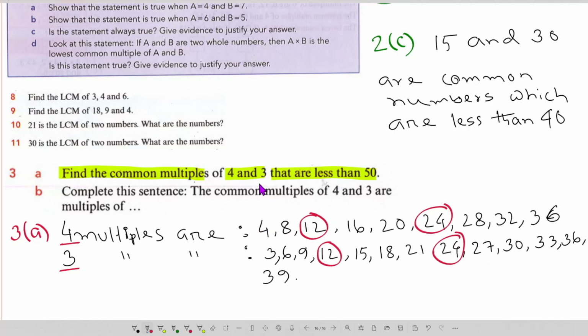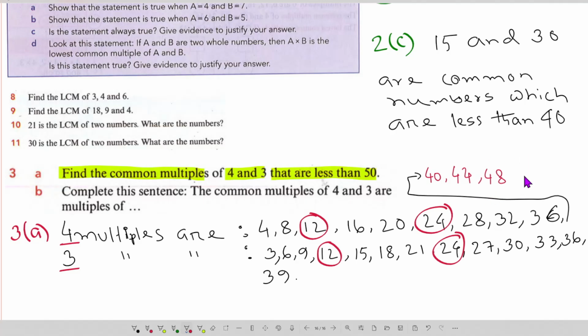Oh, here it is mentioned less than 50, so we need more. So here is 36, then 40 we can write in here. So here is 40, then 44, then 48.